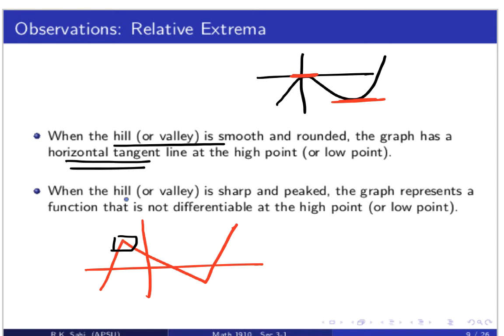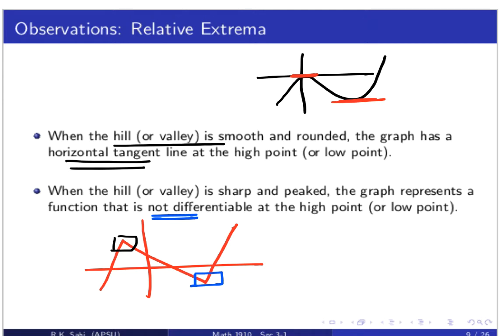Similarly, in this little interval, this point is the smallest value. But notice, these are sharp points. Now, if you recall from our limits chapter, if you have sharp points, that means the functions are not differentiable at those high and low points.